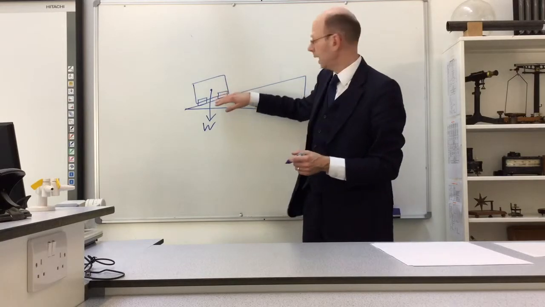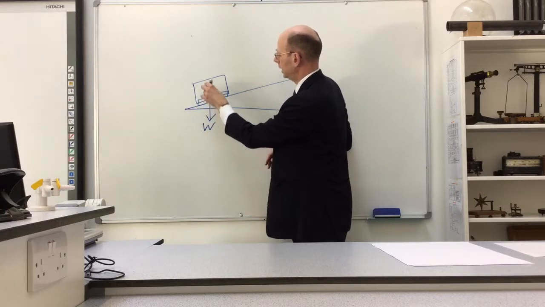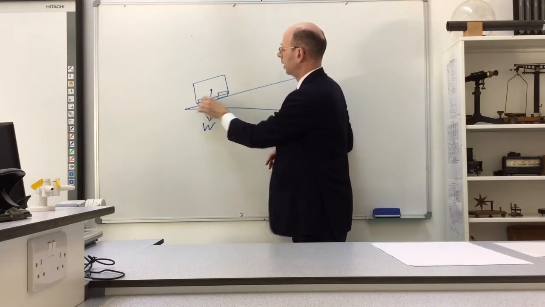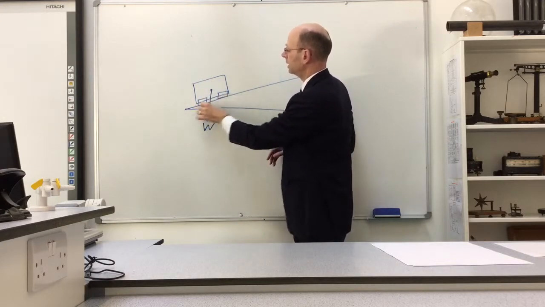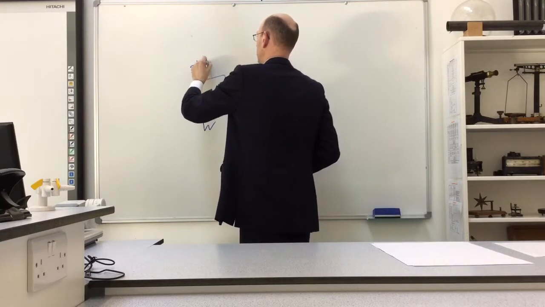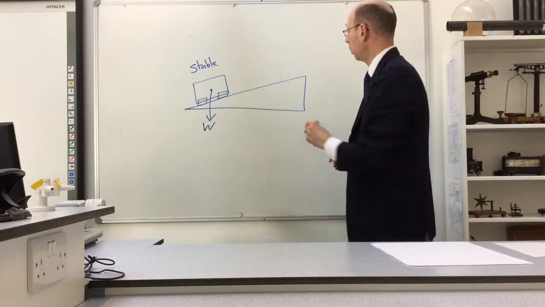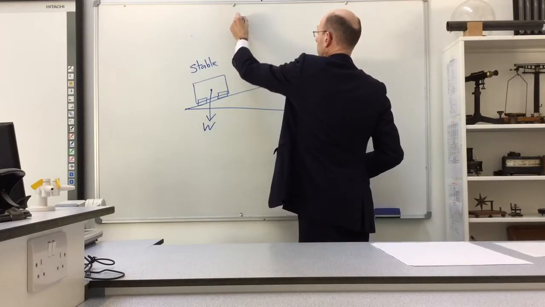But the reason it's doing that is because if you think about the corner of the object, the weight lies inside that corner, inside the base area of the object. The line of action of the weight is inside the base, and so we've got what we call stable equilibrium there. Now let's contrast that with a really high-sided vehicle, like a double-decker bus.